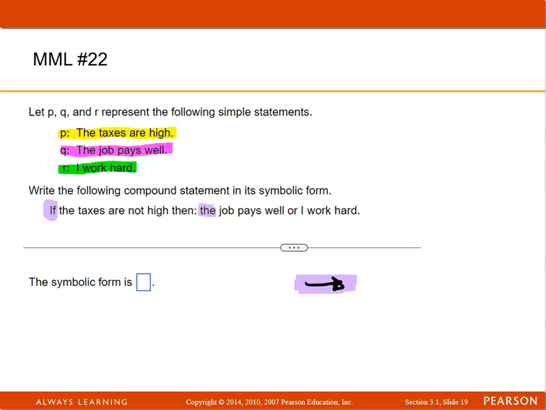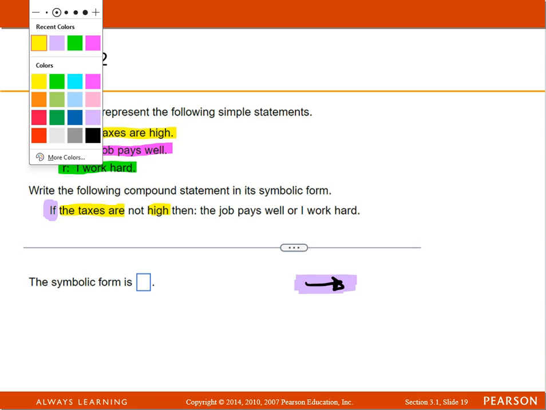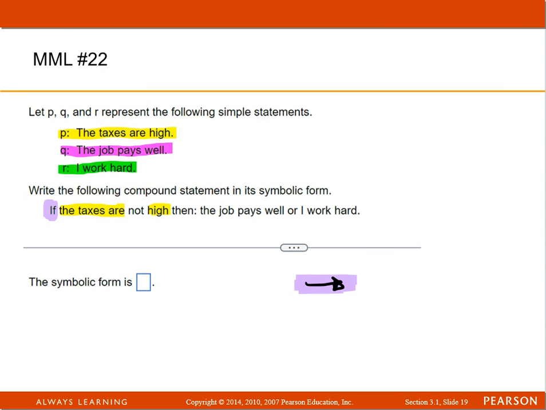That's the if-then symbol. And then it says the taxes are not high. Now remember the words the taxes are high. I just realized I highlighted in purple the word the here when I should have highlighted the word then. Sorry about that.